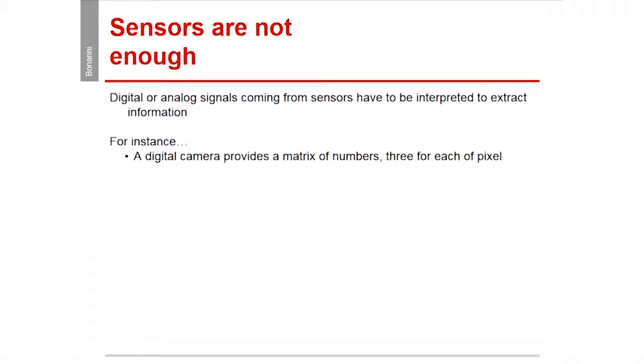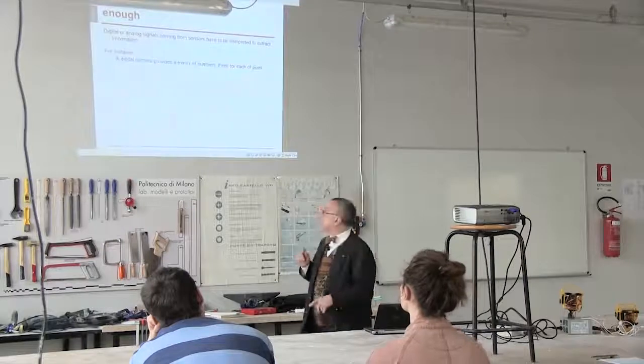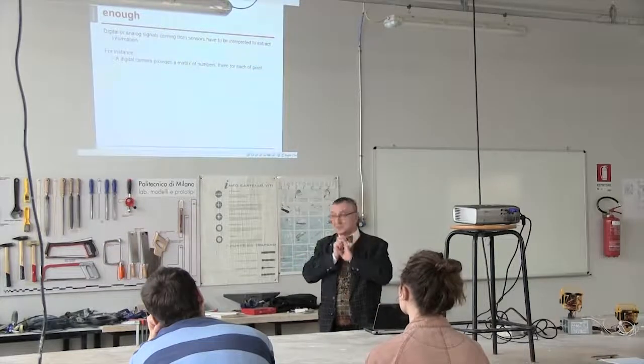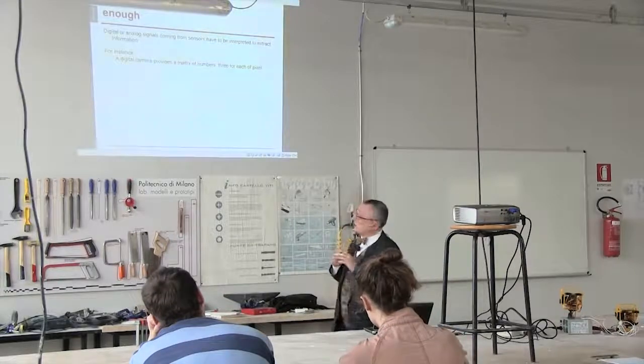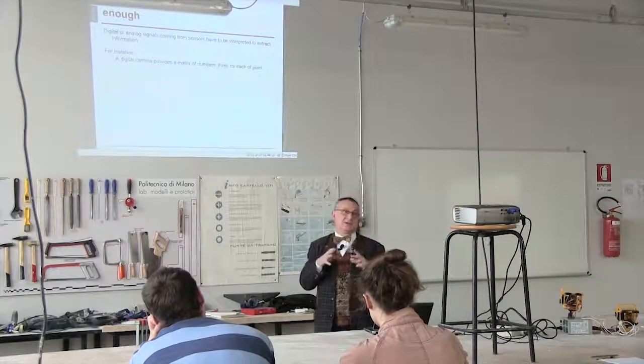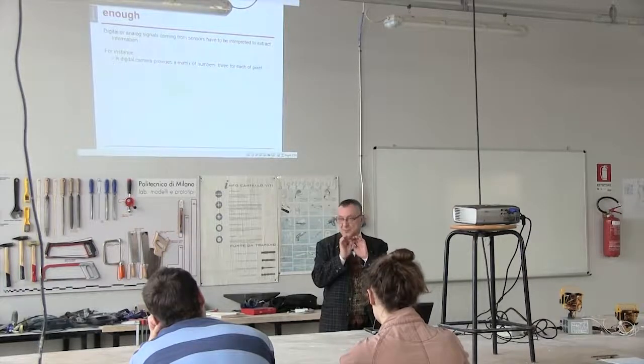So for instance, we have a camera. A digital camera provides a set of numbers, a matrix of numbers. So we have a rectangular matrix of numbers, and each box in the matrix contains three numbers, which identify the color of this point.